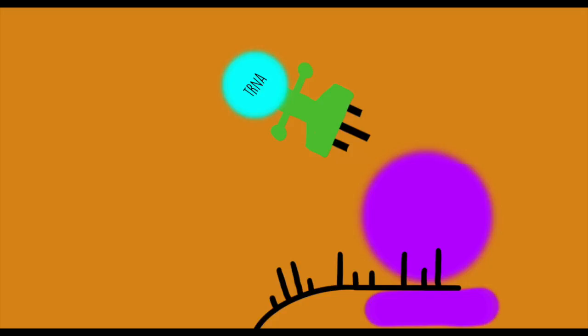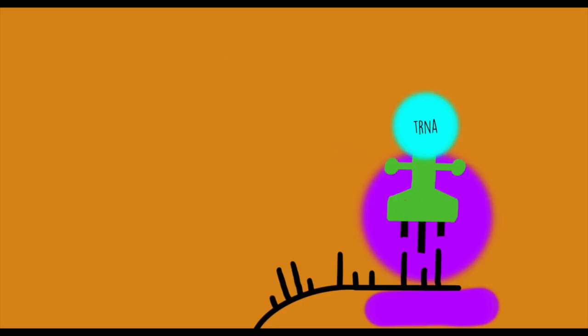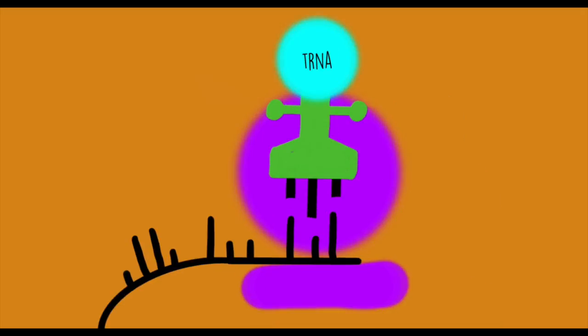All parts of translation occur in the cytoplasm. Connection follows once the mRNA has left the nucleus and journeys to the ribosome, where it slides in between the ribosome's large and small subunits.